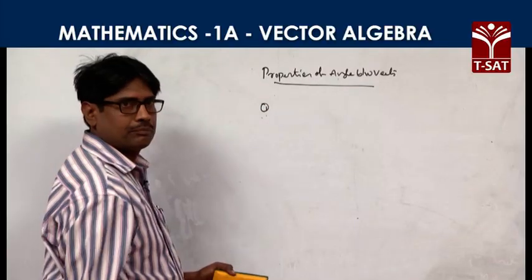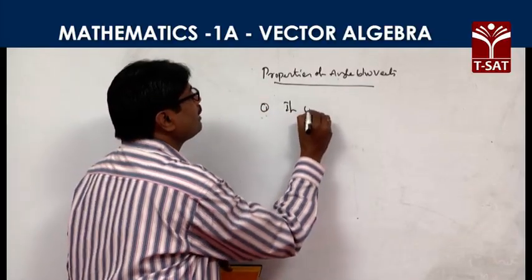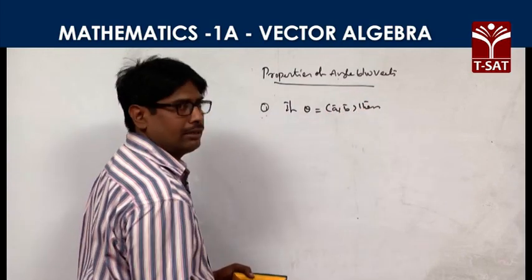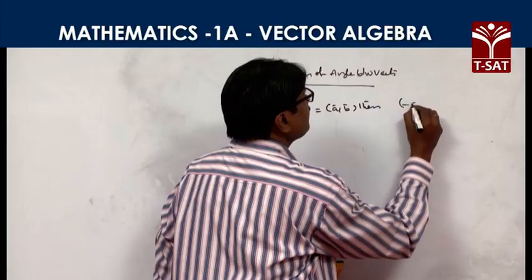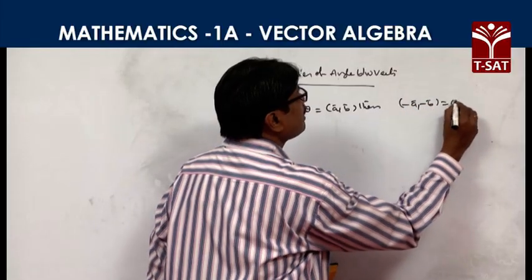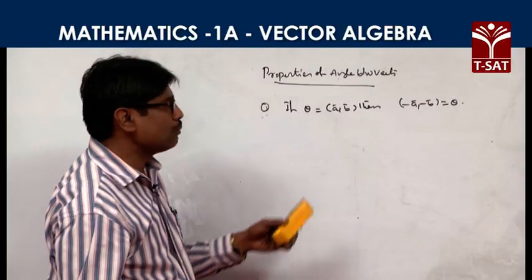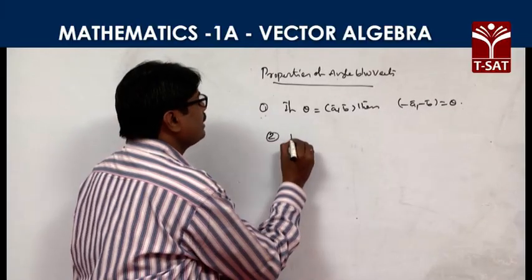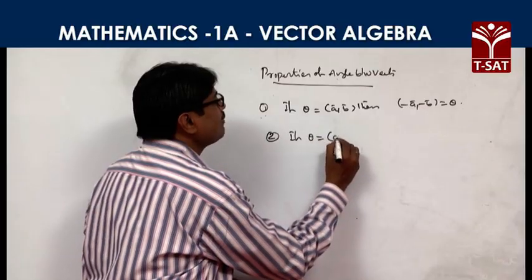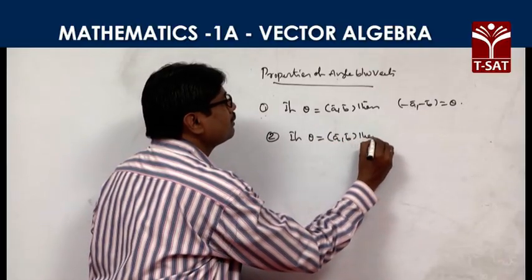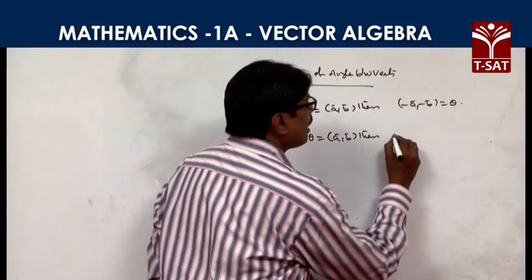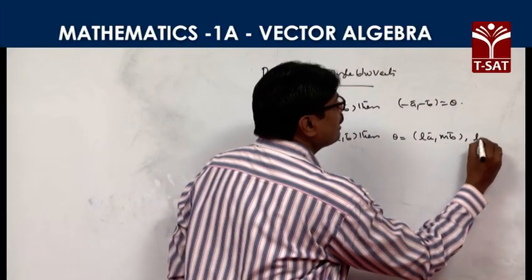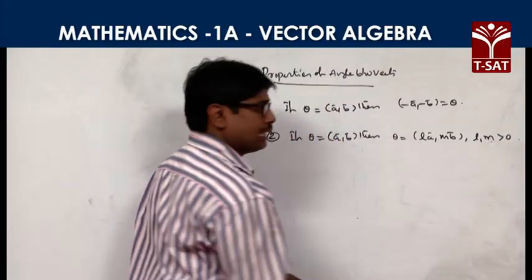First property, if theta is the angle between A bar and B bar, then the angle between minus A bar and minus B bar is also theta. The angle between A bar, B bar and the opposite vectors will be the same. And second, if theta is the angle between A bar and B bar, then theta will also be equal to the angle between LA bar and MB bar, where L comma M are positive scalars.